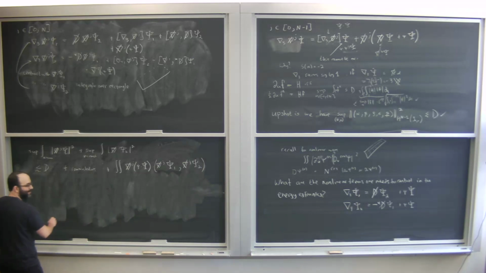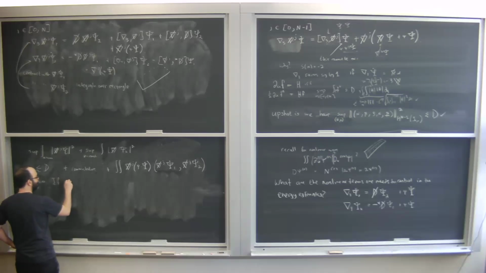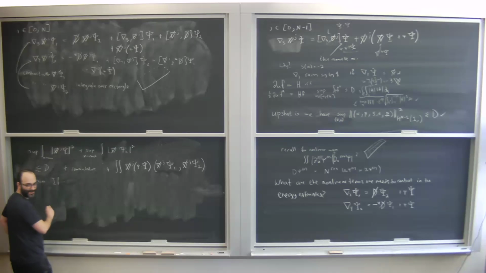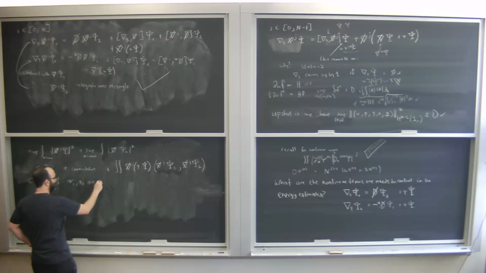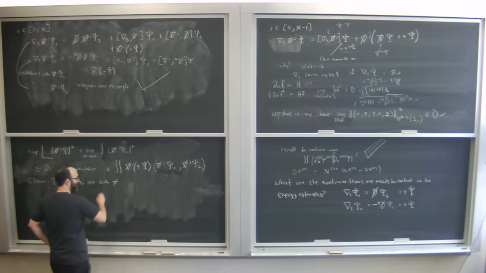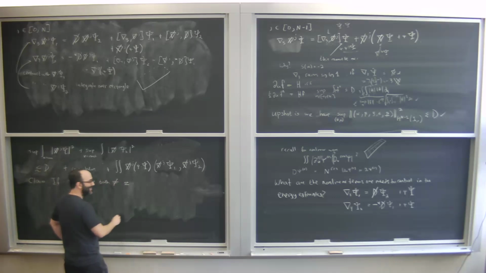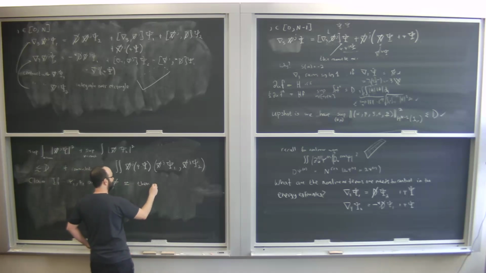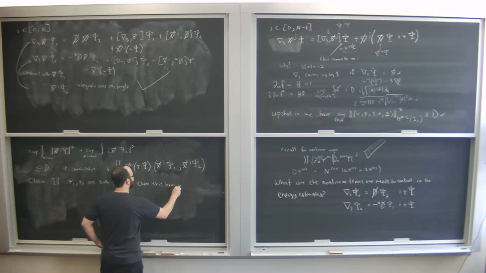So here's the claim, and I'll justify it in a second. So if in the bootstrap, let me say it even more concretely: if psi1 and psi2 are both not equal to alpha bar, then you're good. Then this term is controllable.